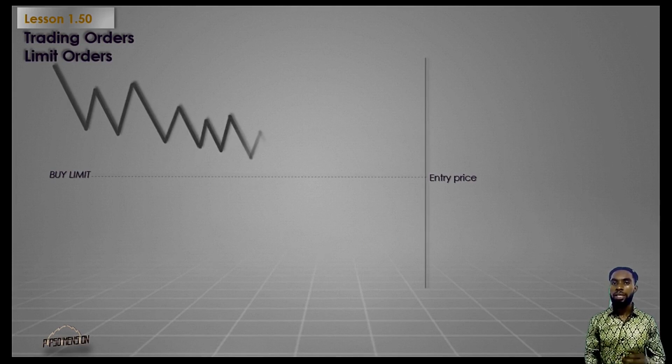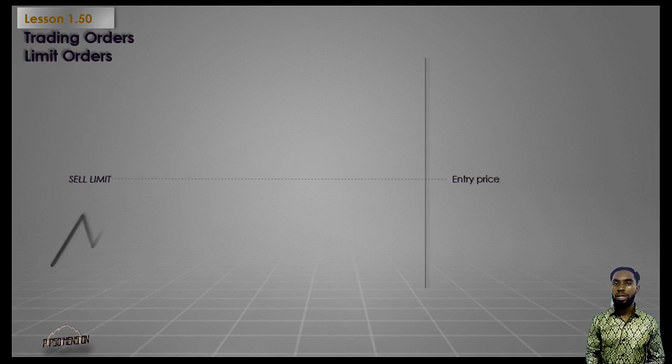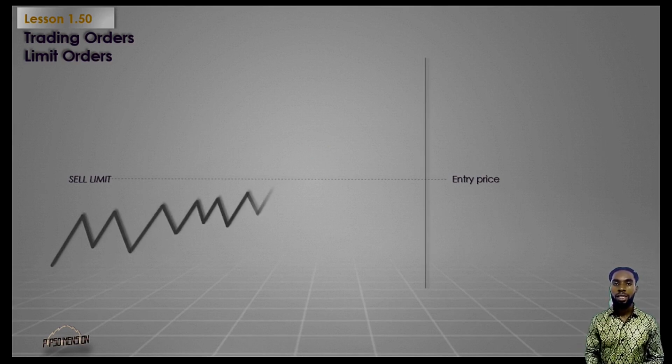And then you wait for price to move down and hit your entry level and bounce back up for you to make profits. On the other hand, use the sell limit order when you want to set your entry point at a price level that is above the current market price. And then you wait for price to move up and hit your entry level and bounce back down to make profits.